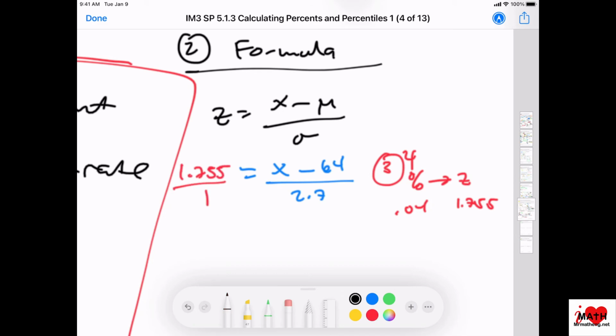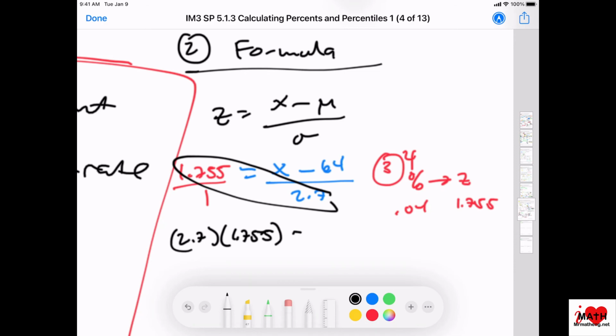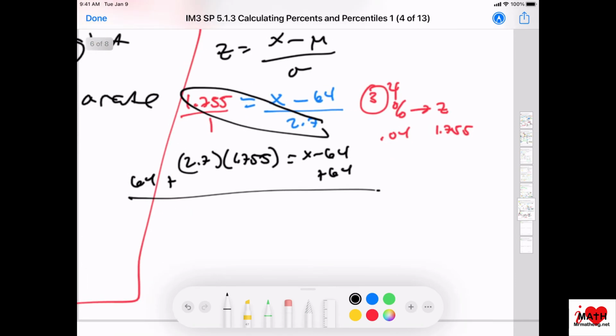Alright, just put it over 1 and then cross multiply here. And then if we add 64, remember PEMDAS means you multiply first. I'm just going to do my handheld calculator here. Okay, this would give us a height of 68.74 inches.